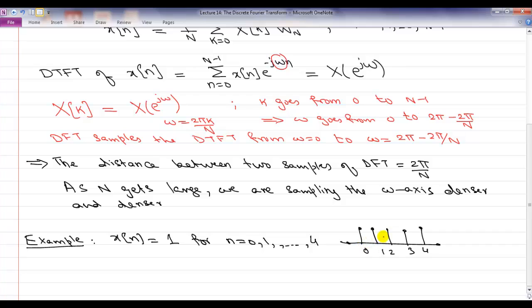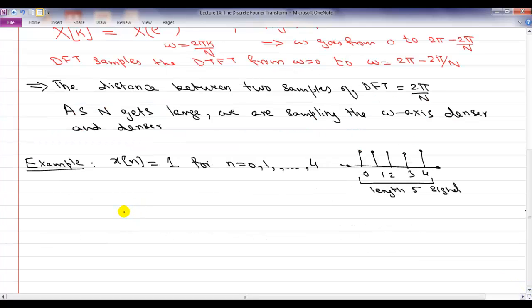But for the purpose of discrete time processing, I'm going to treat it as a length 5 signal. Now I can compute its DFT using the DFT formula. You can do that, but right now we would not explicitly do that. We'll rather try to recover the DFT using its interpretation as samples of the DTFT.